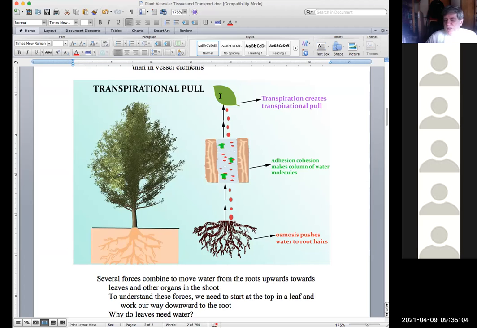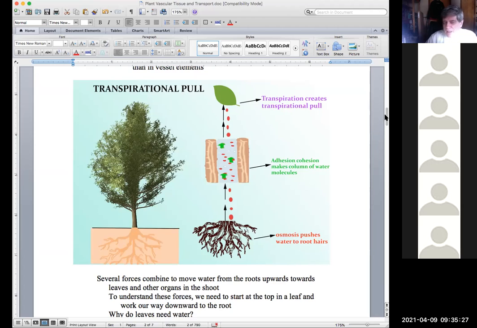So water moves into the xylem from the ground around the plant's roots by osmosis. It moves up the plant by adhesion and cohesion, and then it moves out of the leaf or into a mesophyll cell for photosynthesis because of transpiration. So when we look at this, this whole thing happens because of hydrogen bonds.